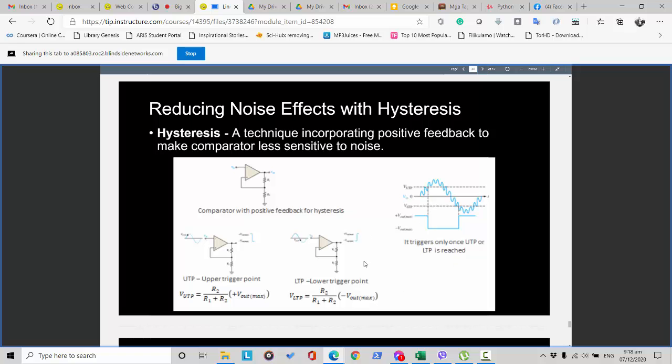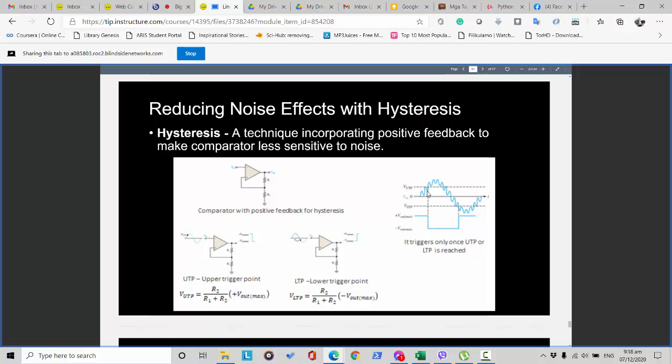So basically, when we use hysteresis for noise effects, it triggers only once the UTP or LTP is reached.